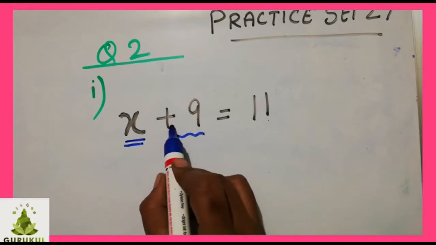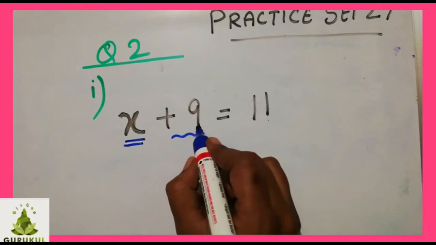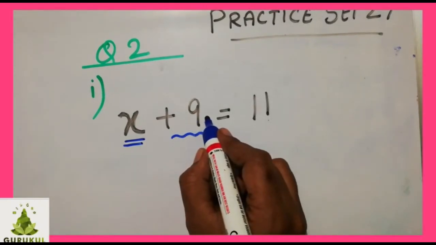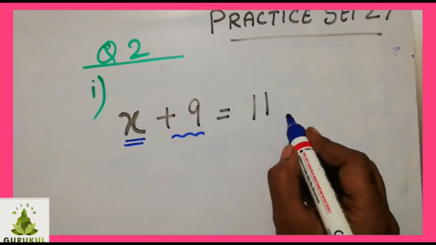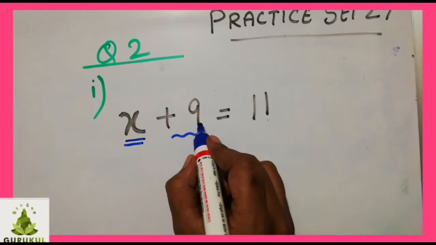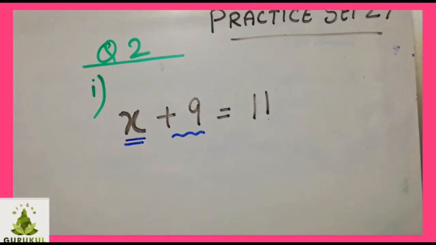And what is the opposite of plus 9? Minus 9. So I will subtract 9 here, so plus 9 minus 9 will go away. The same operation you will do here also, so here also you will write minus 9. If you do minus 9 here, you should do the same operation, subtracting, here also. Is that clear? So subtracting 9 from both the sides is the operation here.